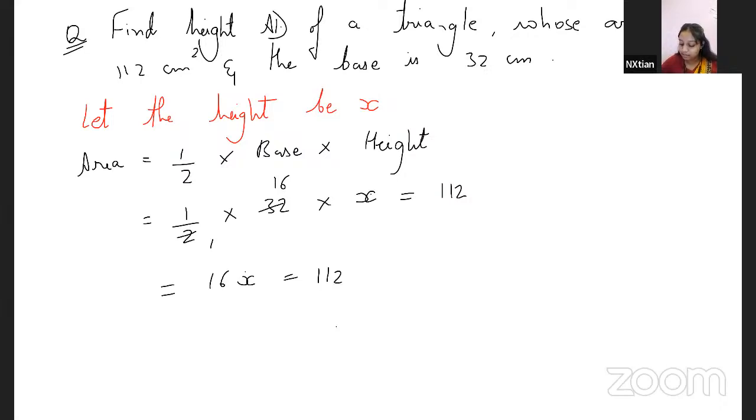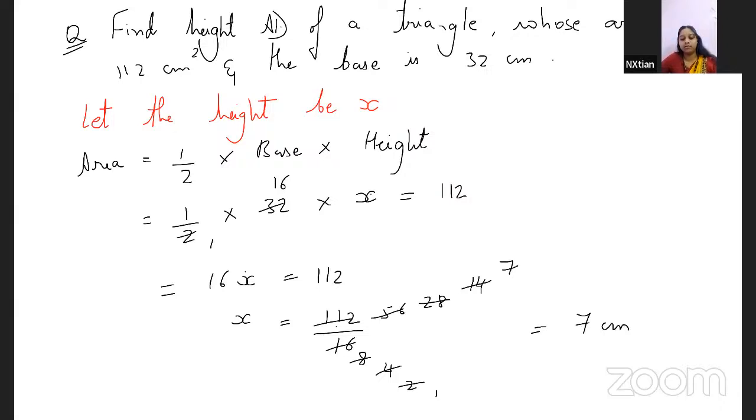Now we can cancel. x equals 112 by 16. Cancel and find the answer. The answer is 7 centimeters.